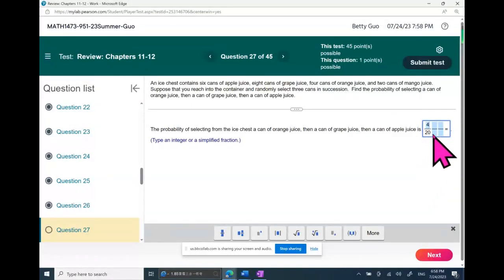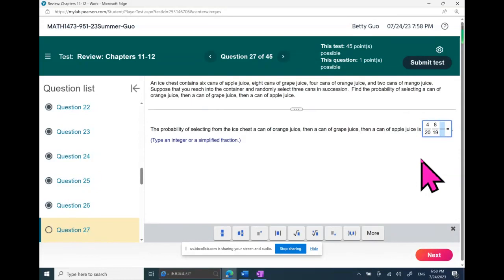And the second probability is going to be conditional. Suppose we're given that the first time you already took an orange juice and your chest only has 19 cans left. Among the 19 cans, you're going to choose a grape juice. How many grape juice are there? 8 cans of grape juice. We have 8 here. And then the third fraction, probability also conditional.